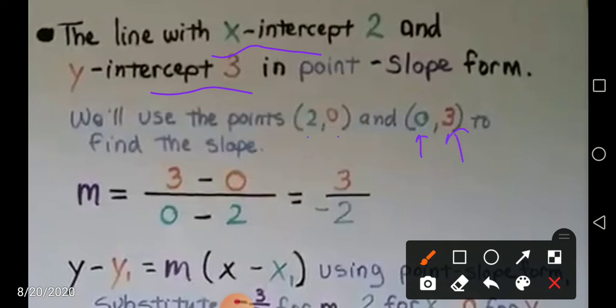To find the slope, as you know, I have here 3 minus 0, and 0 minus 2. y sub 2 minus y sub 1 over x sub 2 minus x sub 1. This is the formula. Then 3 minus 0 equals 3, and 0 minus 2 equals negative 2.